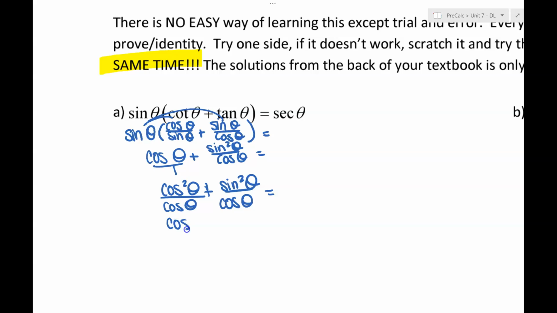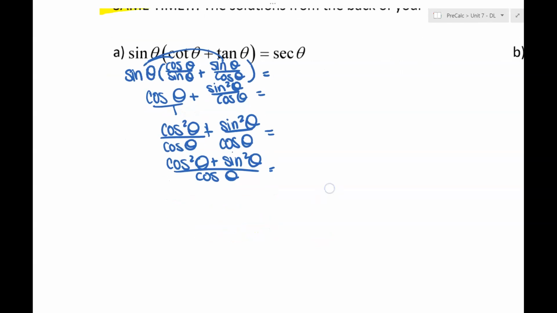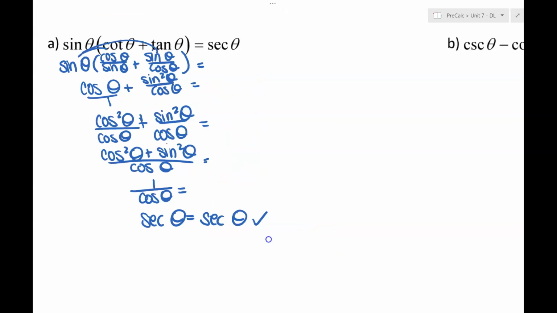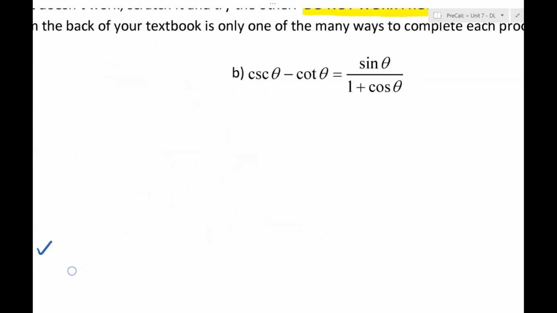Combining them in the numerator, I get cosine squared theta plus sine squared theta all over cosine theta. Sine squared plus cosine squared, or cosine squared plus sine squared, is 1. So you get 1 over cosine of theta, which is secant of theta, which is what we were trying to do. Nice.